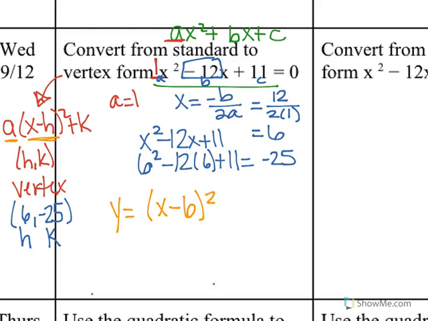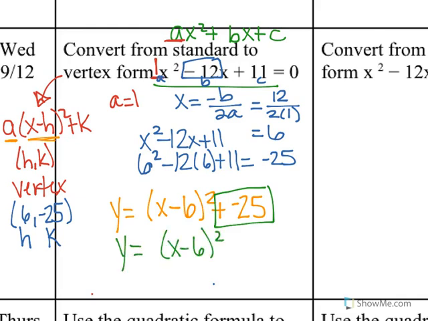Keep it squared, plus our k value, now plus a negative 25. Now here, we don't need this double addition subtraction sign. Adding a negative number is the exact same thing as subtracting. So we're going to simplify this to look a little bit more like what you'd see on a test. And this would be your answer.